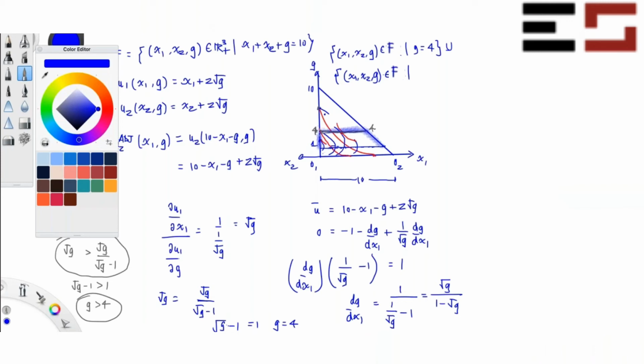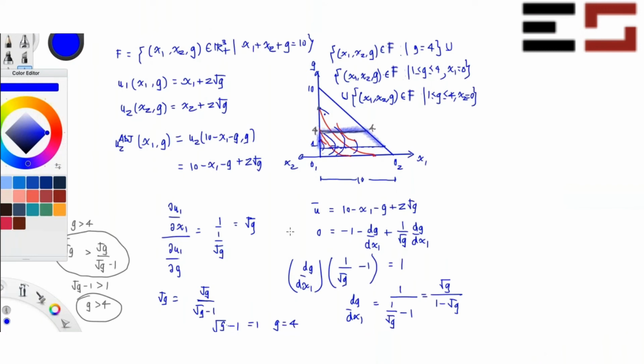What is true about these points? G is between 1 and 4, and either x1 is 0 or x2 is 0. I'll just rewrite this for x2 equal to 0.